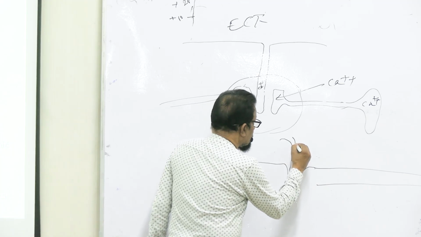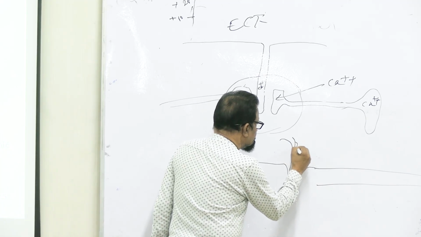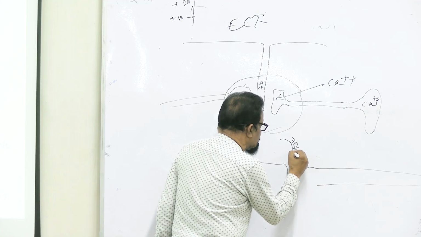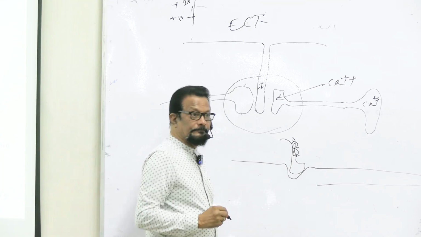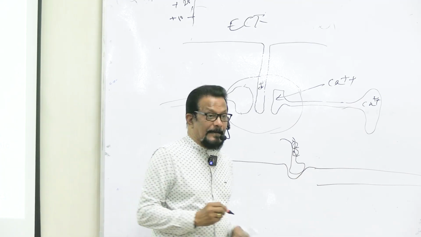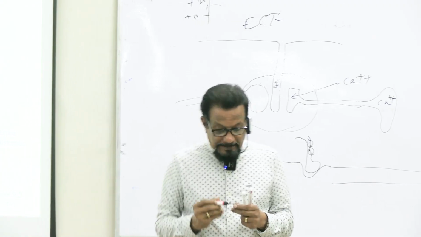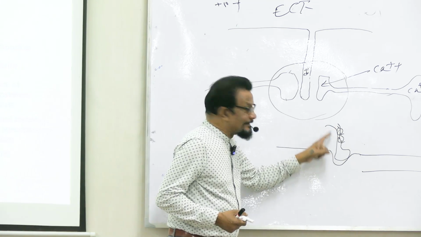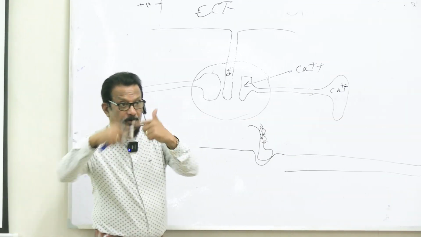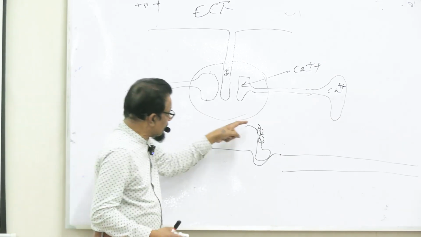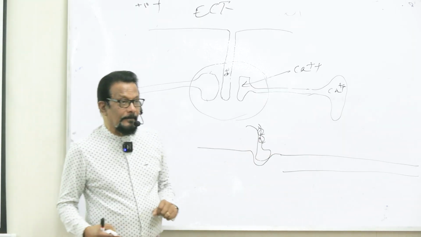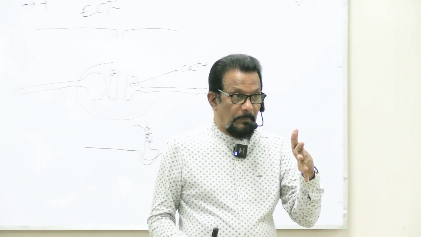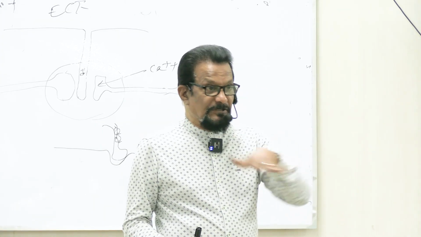What happens when action potentials come here through current loop formation? They will be coming to the presynaptic membrane. This is what? The active zone. We have explained this earlier.